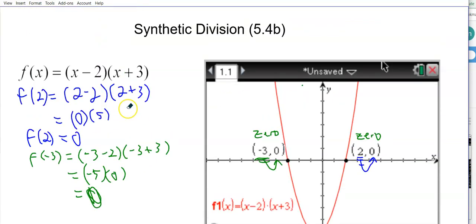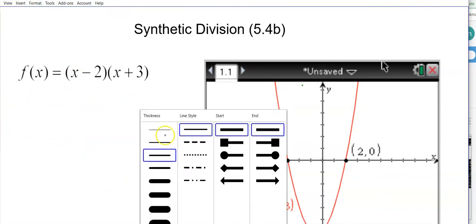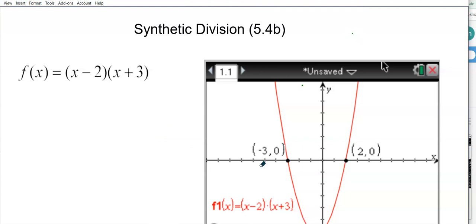The other thing I want you to make a connection between is this, and I hope you see this. Just get rid of this for a second. I hope you see that the solutions for this particular graph are x equals -3, a negative, comes from that, and x equals 2 comes from those 2 points, -3 and +2.